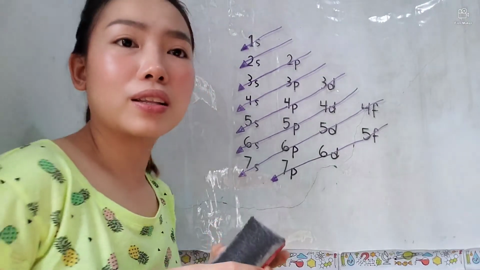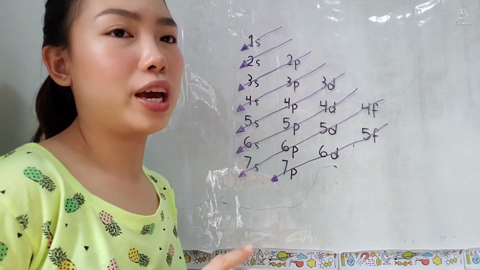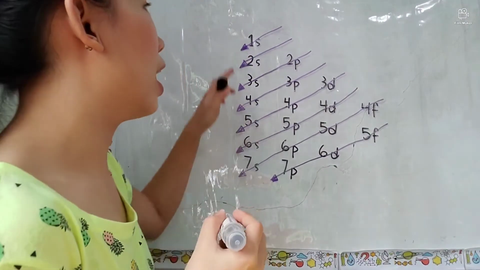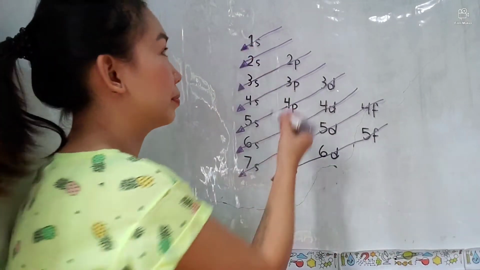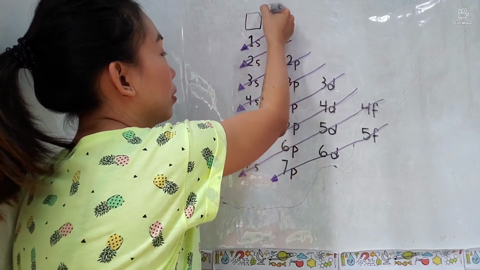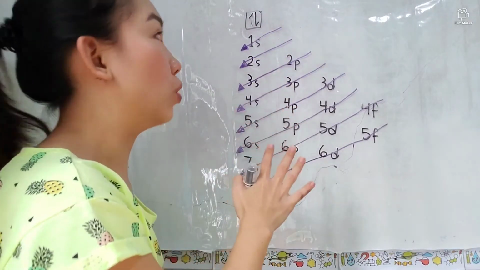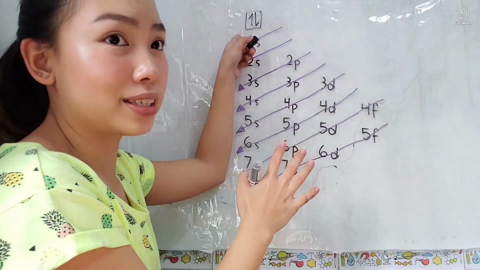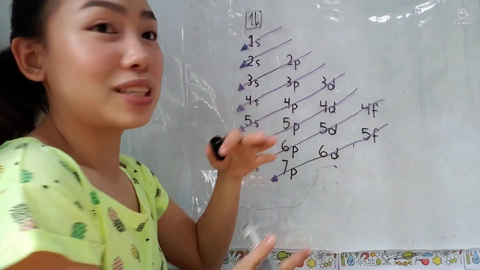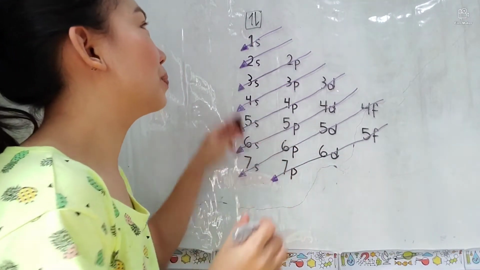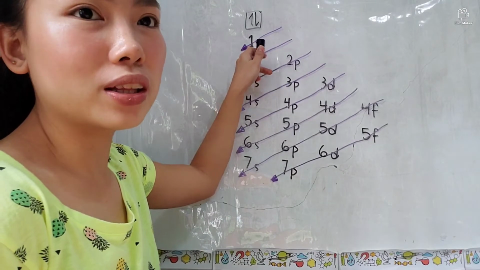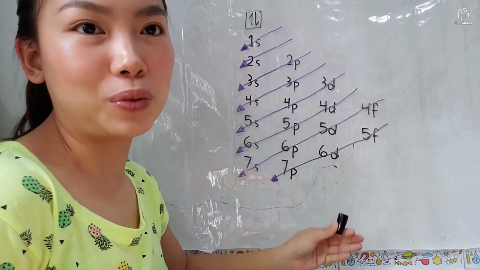So, bago mo yan i-master, kailangan tandaan mo muna na ang S has only one up and one down with only one box. Kasi bakit? Dahil S can only hold until 2 electrons. Maximum na yon.